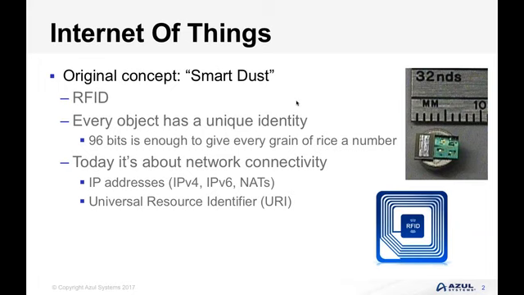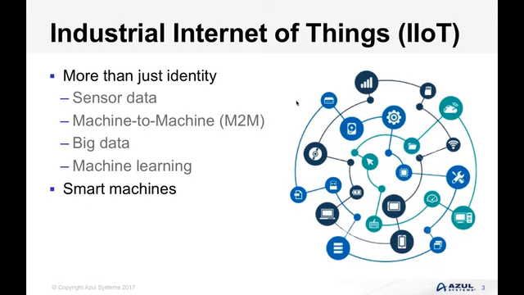But also using URIs, Uniform Resource Identifiers, and this kind of comes back to some of the technology we can use in terms of web interfaces and so on. So this is the history behind the Internet of Things.